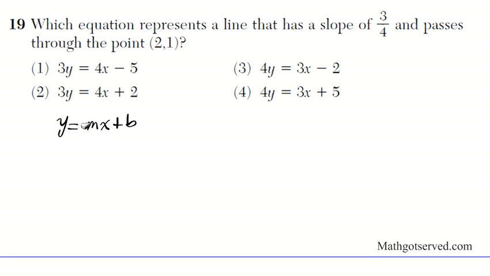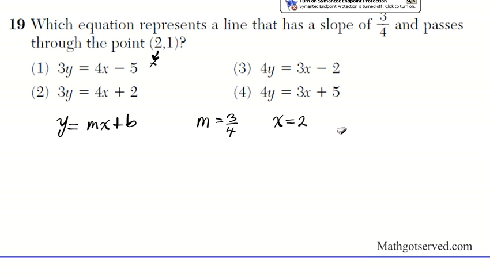In this problem, I know that m is 3/4, and I know that x is 2, because that's the x-coordinate here, and I know that y is 1, because that's the y-coordinate of my point. So I know m, x, and y, so I need to find b. If I plug these values into this equation, I can find b.